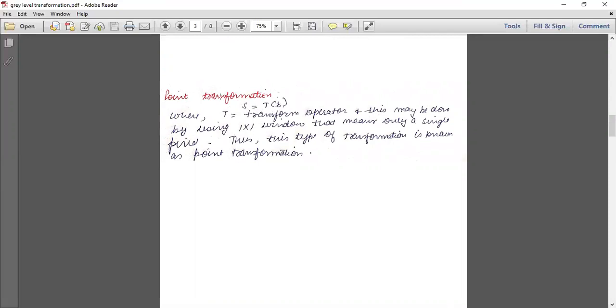Point transformation always works pixel to pixel. So we'll consider only one pixel and transform the single pixel and change it. Where T is a transform operator and it may be done by using a 1 cross 1 window, that means only a single pixel. Thus, this type of transformation is known as point transformation.